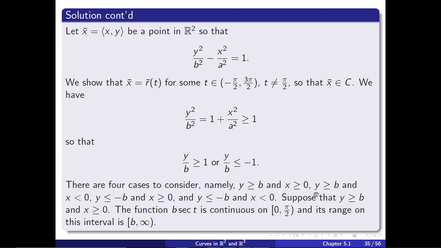We are going to look at 2 of those cases, and then we can deduce the rest from that. So suppose y is greater or equal to b and x is greater or equal to 0.